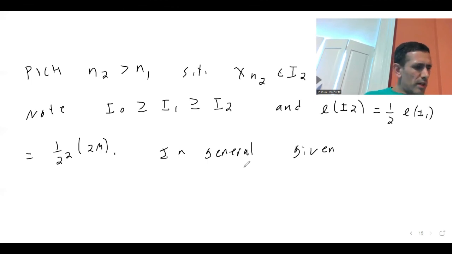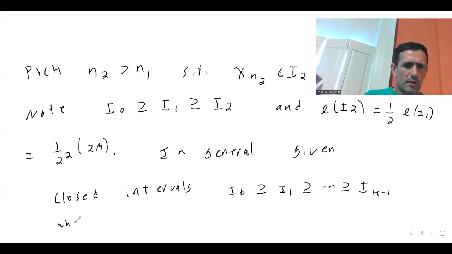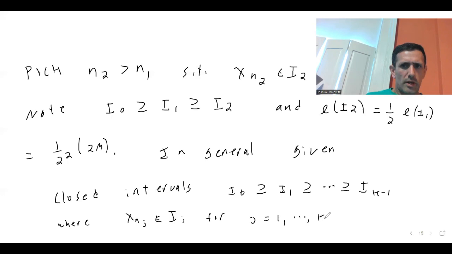So in general, let's say I'm given closed intervals all the way up to, let's say, k minus 1, where x_nj is in Ij, for j equals 1 to k minus 1.